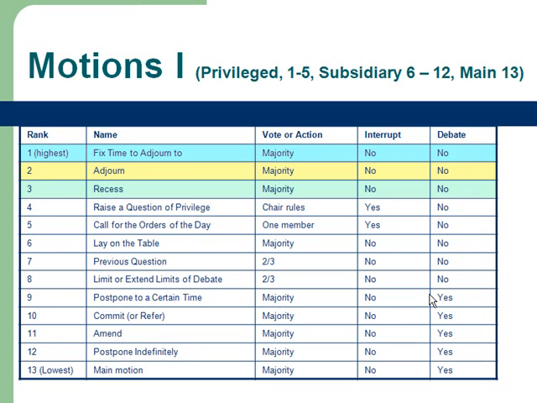So you would adjourn, and then the next day, say tomorrow at 8 a.m., you'd come back together, and that would be a higher ranking motion. And if that passed, it would basically take care of the recess and adjourn. And you would stand down, the meeting would be adjourned until the next day.